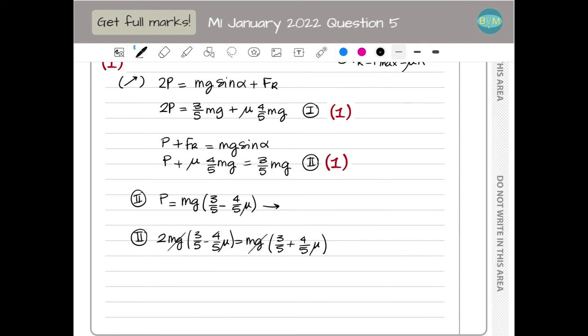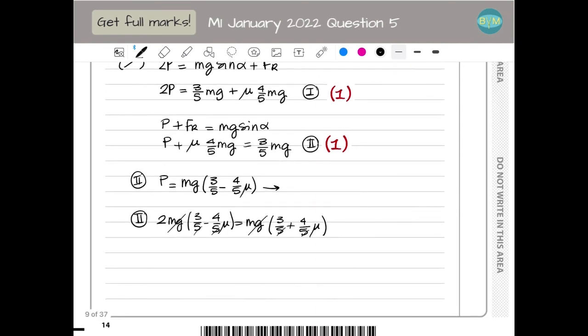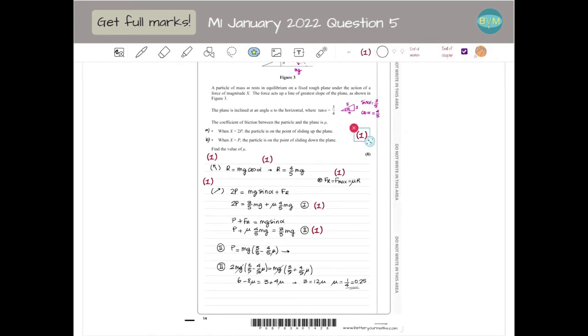You cancel mg, you can cancel the 5s if you want, because everything is divided by 5, and then you have 6 minus 8 mu is 3 plus 4 mu, or 3 is going to be 12 mu, and therefore mu is 1/4 or 0.25. You have another mark for solving the simultaneous equations, and another mark for the final answer, which is 0.25.